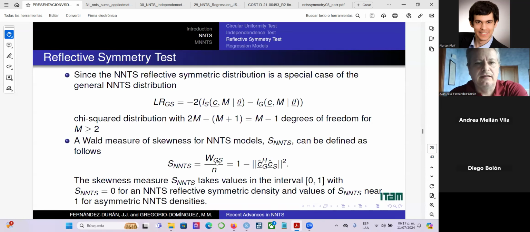That is very difficult to find in practice: models that are symmetric and multimodal. Again, you can apply the likelihood ratio test. Here, there are no problems of regularity, and you can apply it directly.